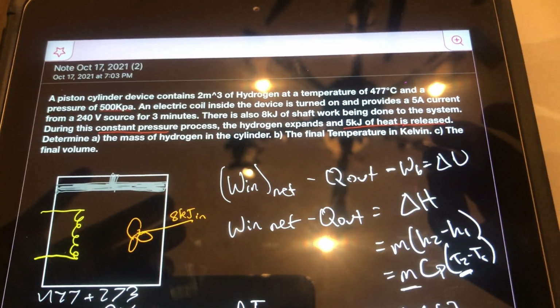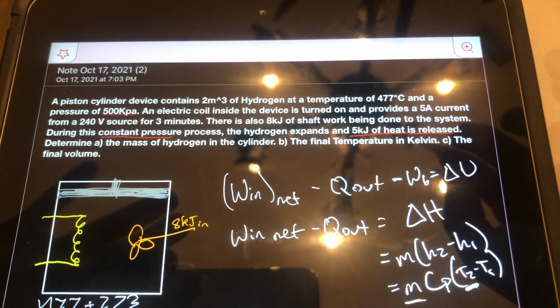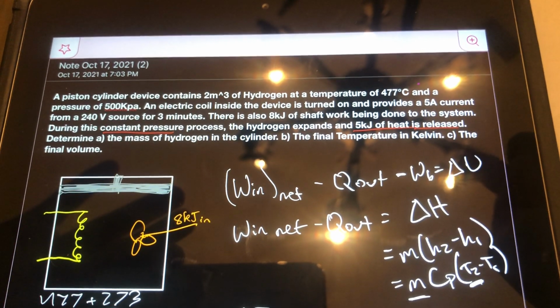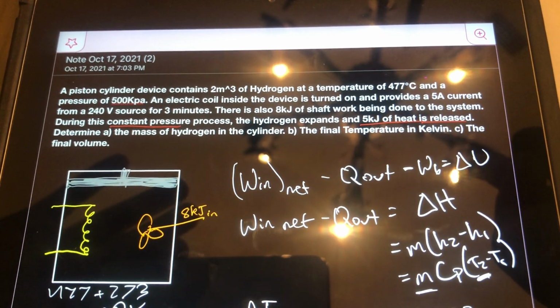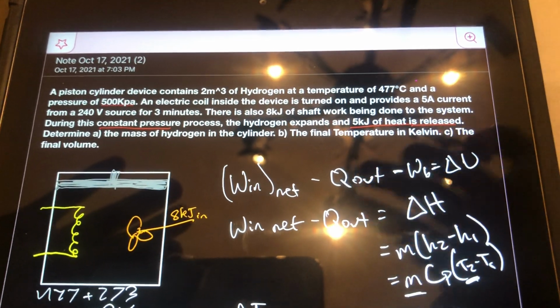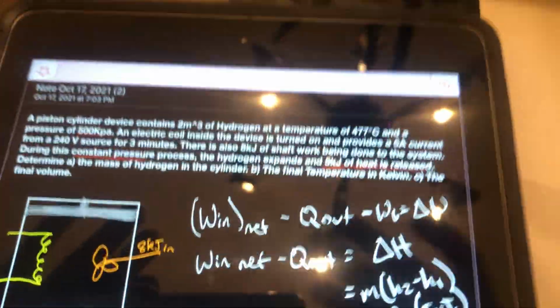There's also 8 kilojoules of shaft work being done to the system during this constant pressure process. The hydrogen expands and 5 kilojoules of heat is released. Determine the mass of hydrogen in the cylinder, the final temperature in Kelvin, and the final volume.